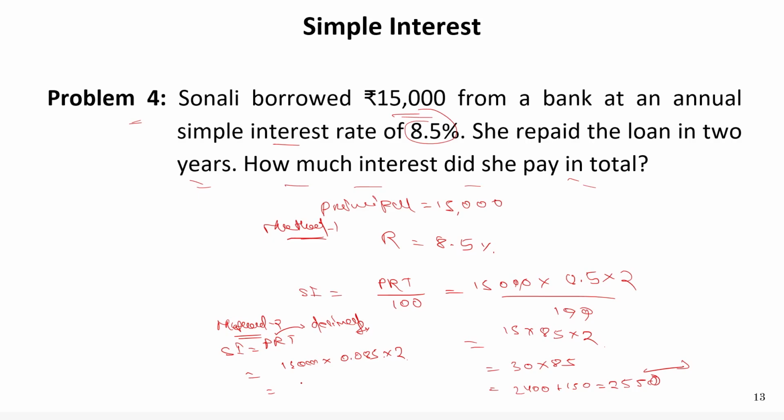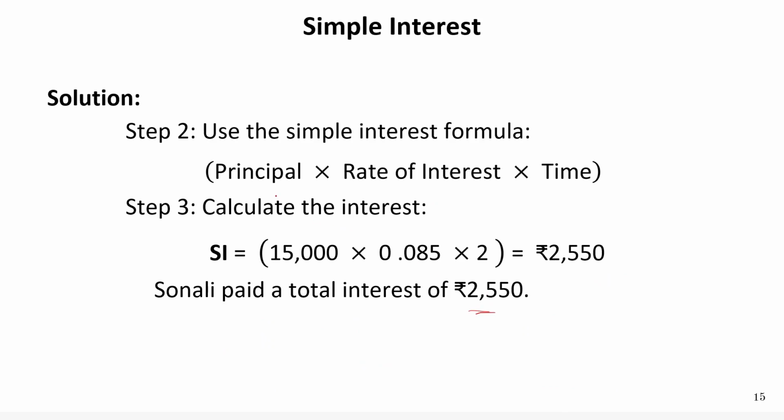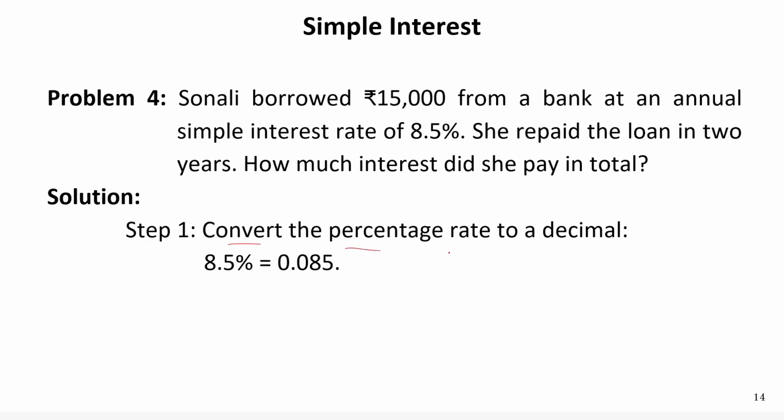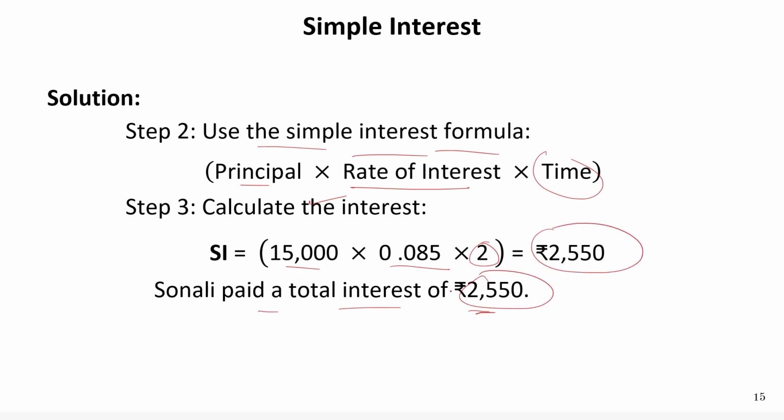So the correct answer will be 2550. Here they converted the percentage rate to a decimal, that is 8.5% is equal to 0.085. Using the simple interest formula, principal into rate of interest into time, 15,000 into 0.085 into 2 is equal to 2550. So Sonali paid total interest of 2550.